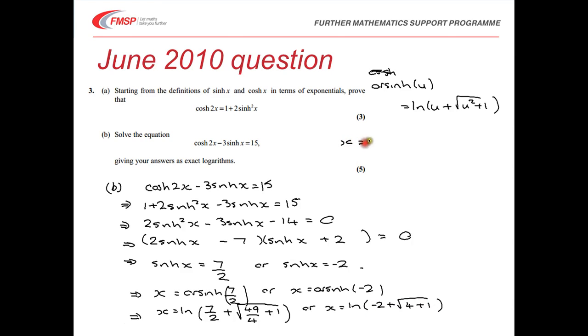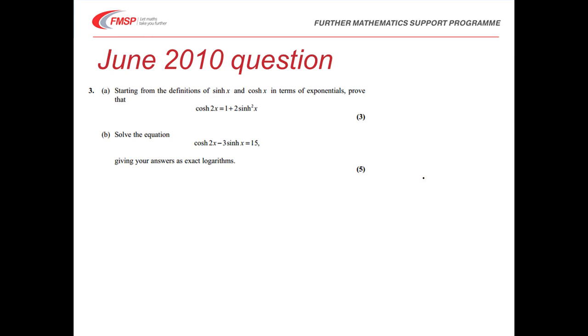We have x equals log of, well, so looking at this expression here, we've got 49 over 4 plus another 4 over 4, so that'll be 53 over 4, and so we'll get something like 7 plus square root 53 over 2 for the first value, and we can't really do anything with the other value to simplify it, so we'll just have to write that as minus 2 plus the square root of 5 there for our two values.